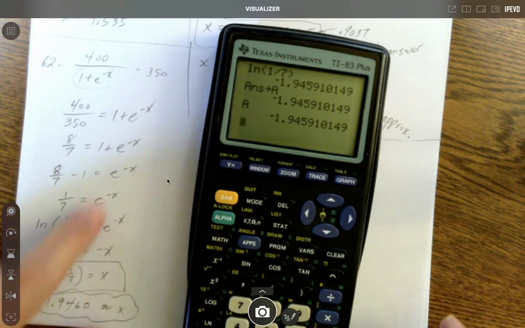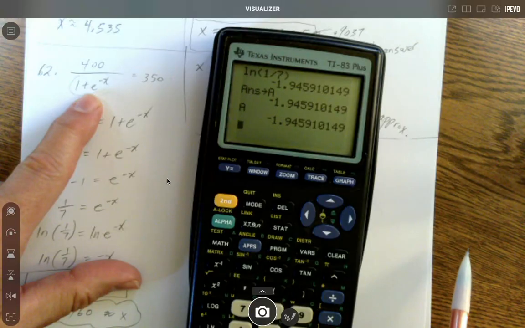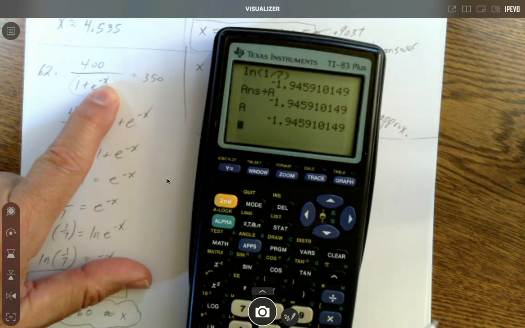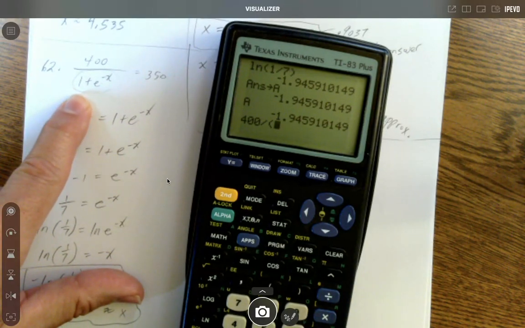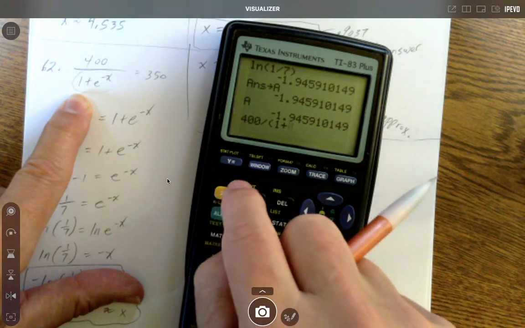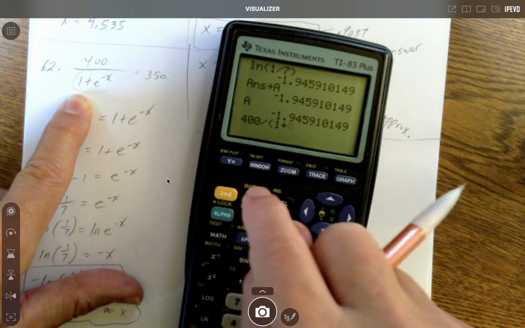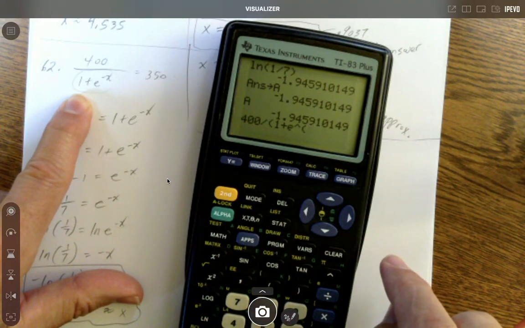So now what I can do is I could just put that number in place of x here. So I'll just do 400 divided by, parenthesis on the bottom, 1 plus e. So second ln will give me e raised to.